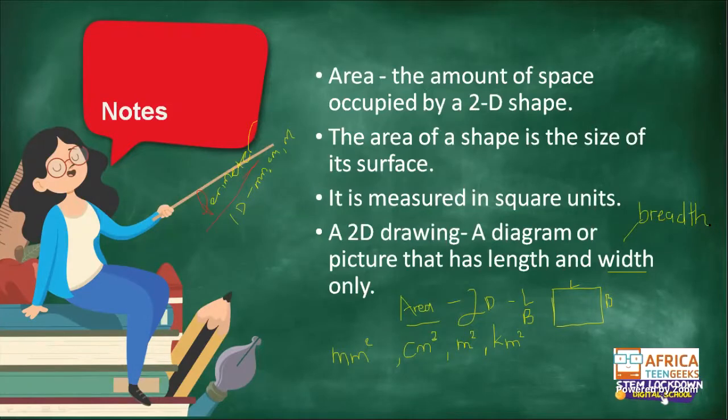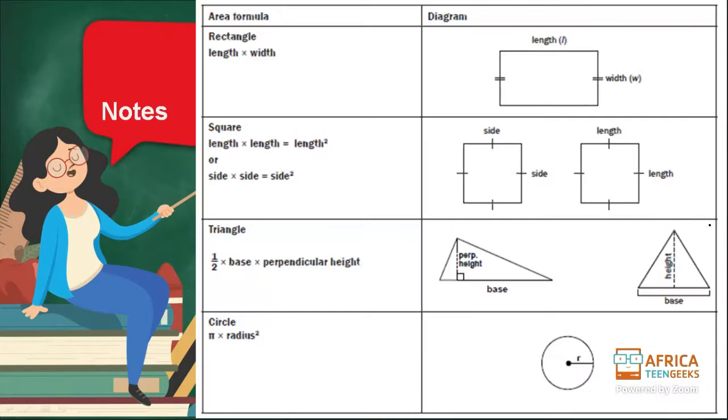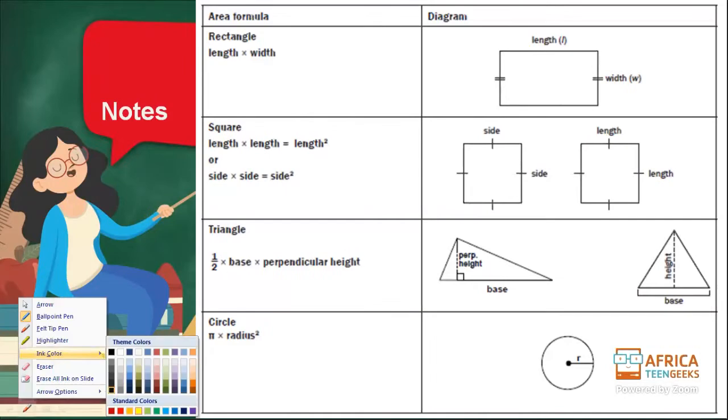Now let's look at the formulae that we use for this topic. The first one is the rectangle. Here's the shape of a rectangle. A rectangle has two opposite sides equal, as you remember from the lower grades.